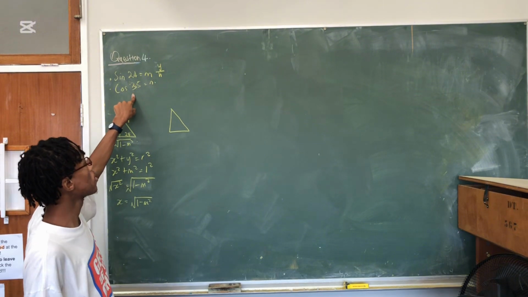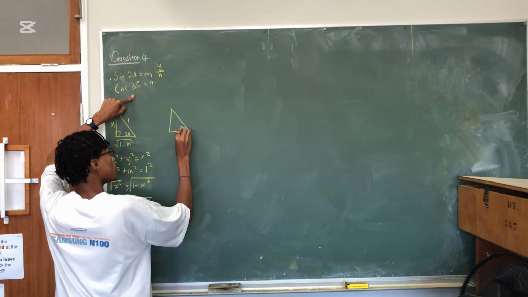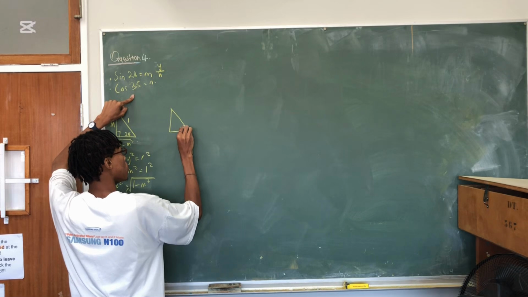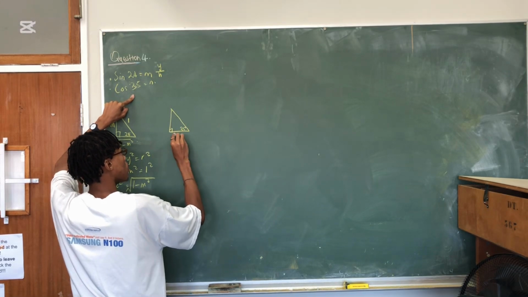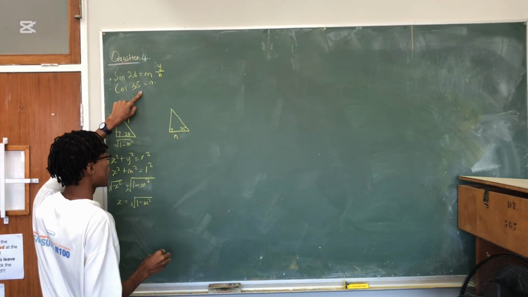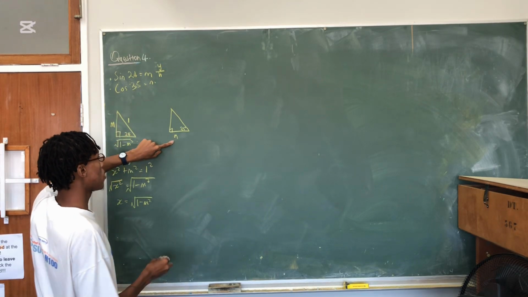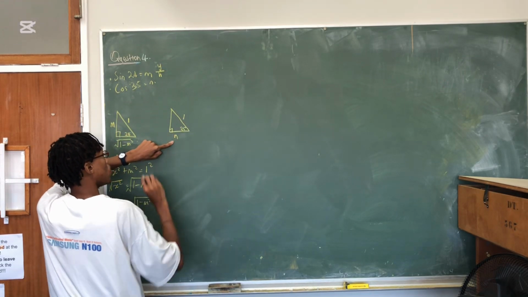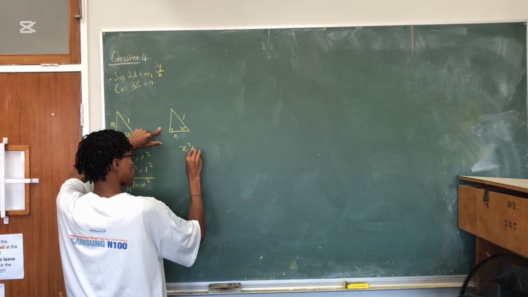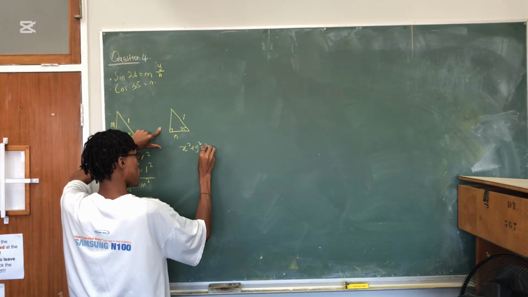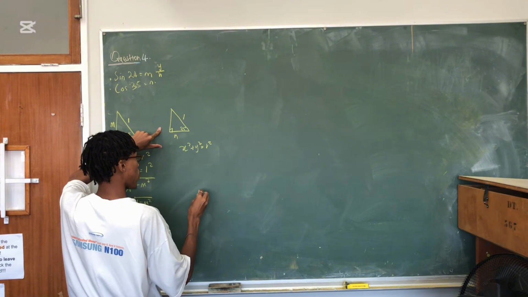Cos 35 is equal to n. This is 35 degrees. You know that cos is adjacent over the hypotenuse, over 1. X squared plus y squared is equal to r squared.